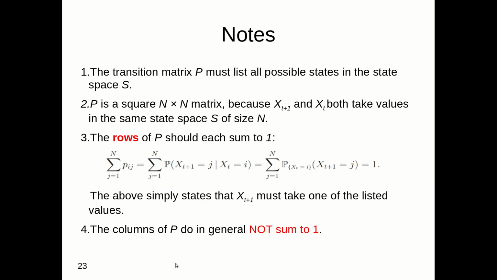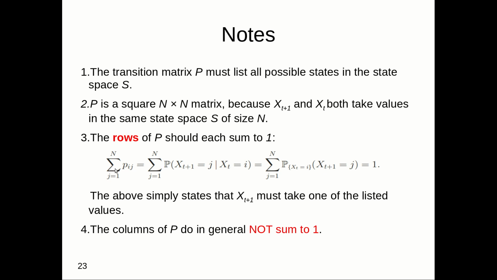Okay. So here are some notes about the transition matrix. The transition matrix P must list all possible states in the state space. Then P is a square n times n matrix because x_{t+1} and x_t both take values in the same state space of size n, just by definition of our Markov models. Then each row of the transition matrix must sum to 1.